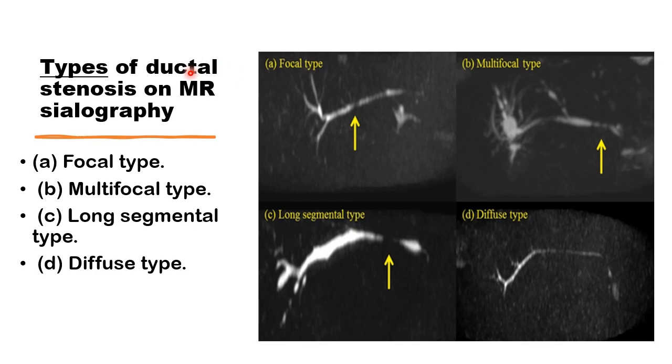The different types can be either a focal stenosis or stricture, or a segmental, a longer stenosis or stricture, or multiple types in C, several strictures or several segmental stenosis, or even a diffuse type of stenosis affecting the entire or the majority of the duct system in type D.